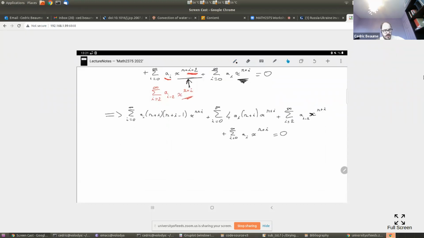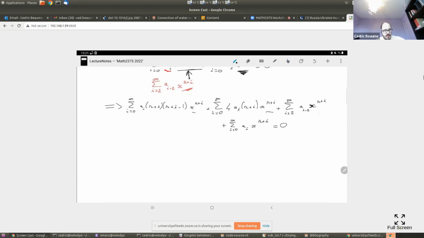Again, as you might remember, what I was saying is that we're interested in comparing similar powers for these monomials, the x to the r plus i. So we're going to be looking at the initial stages where i equals 0, which corresponds to x to the r.